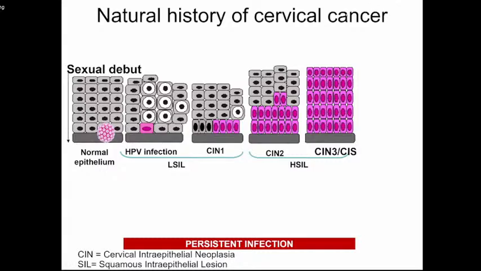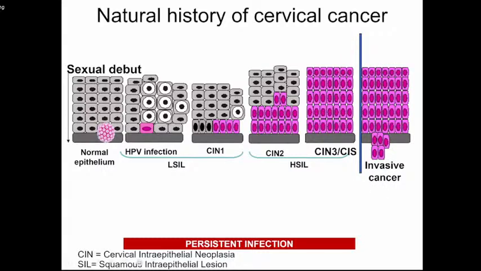And then when it's an involvement of the full thickness of the epithelium, then that's a CIN3 lesion or a high-grade lesion or carcinoma in situ. Then when it breaches the basement membrane, then it's an invasive carcinoma of the cervix.